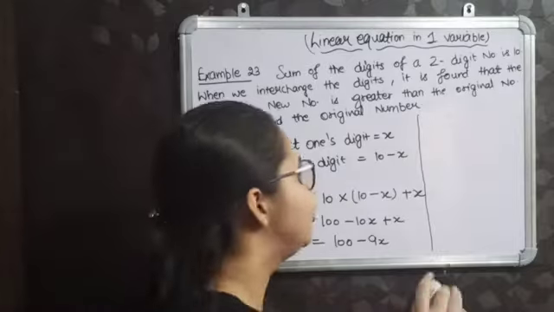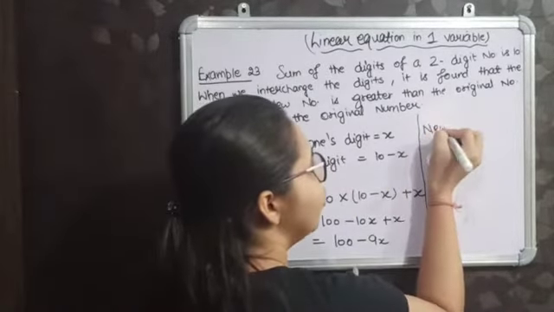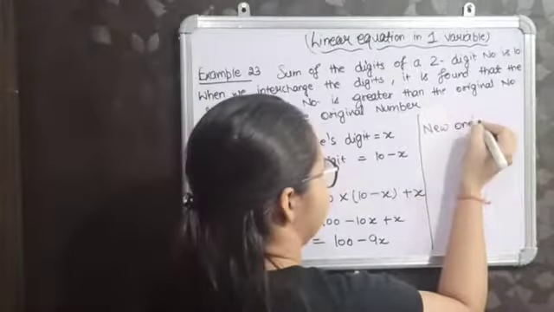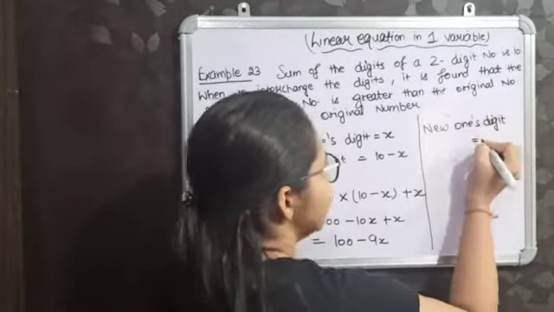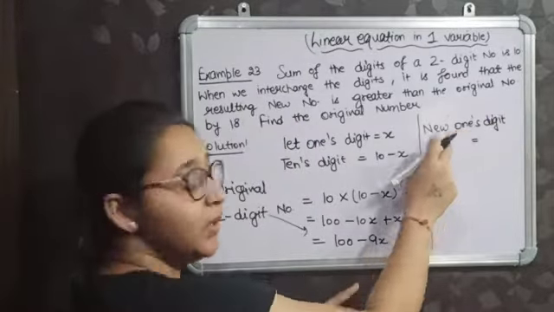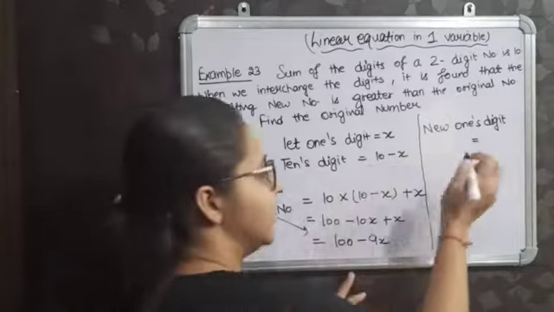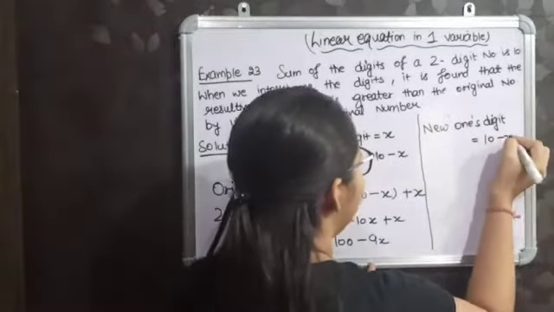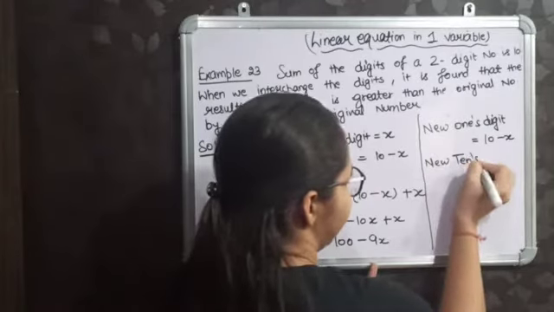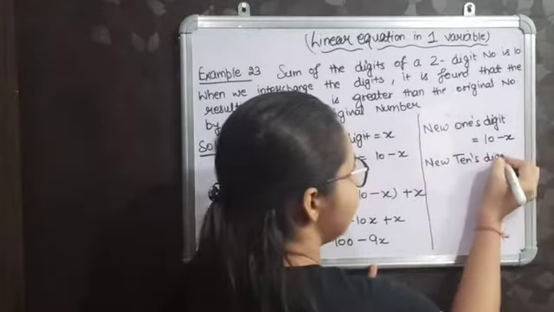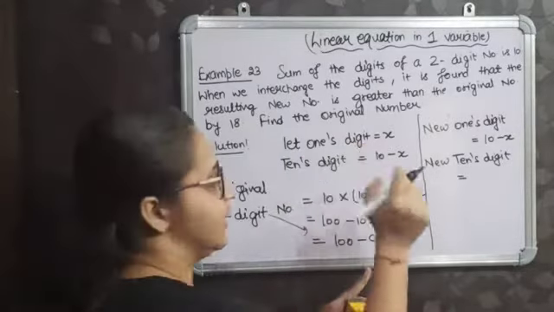It means the new ones digit will be the previous tens digit, and the previous tens digit is 10 minus x. Very good. And the new tens digit is equal to the previous ones digit, and the previous ones digit is x.